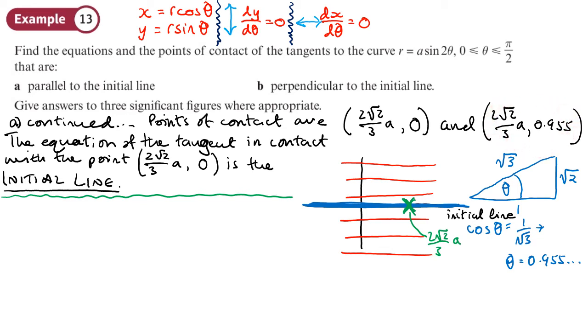Maybe if I was to sketch what that might look like, it's some sort of tangent up here where the point of contact is like this, and we have a distance r that's 2 root 2 a over 3, and this angle here is 0.955, just to give you some idea what it looks like.